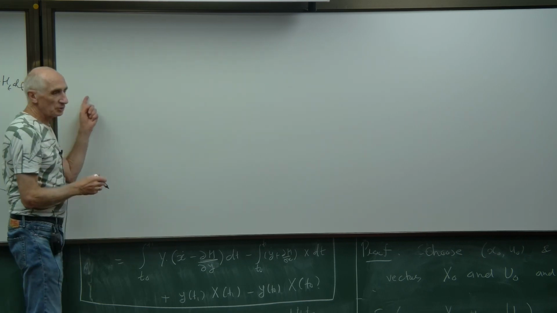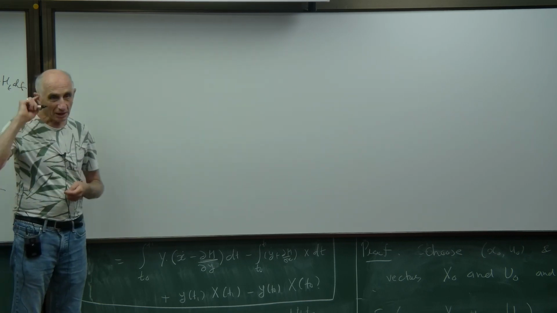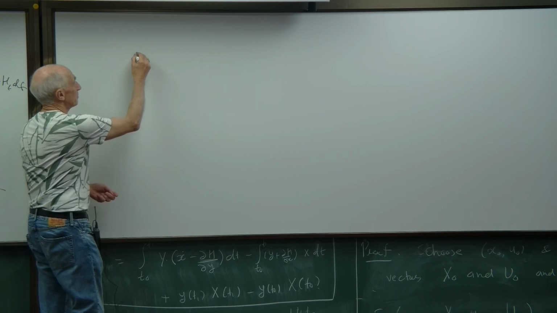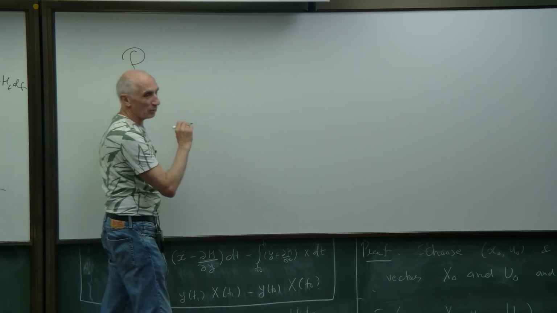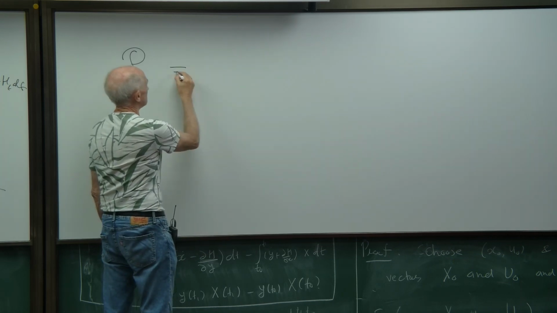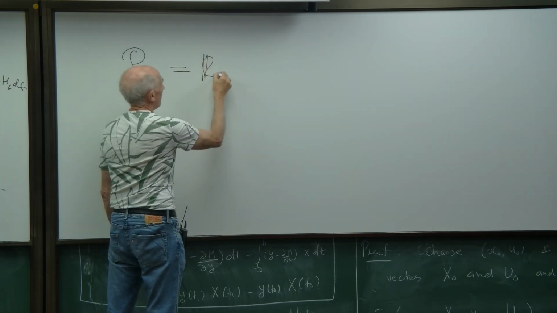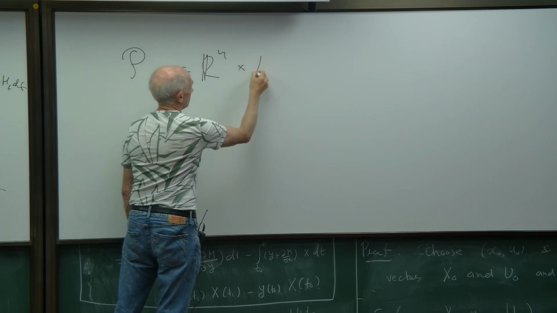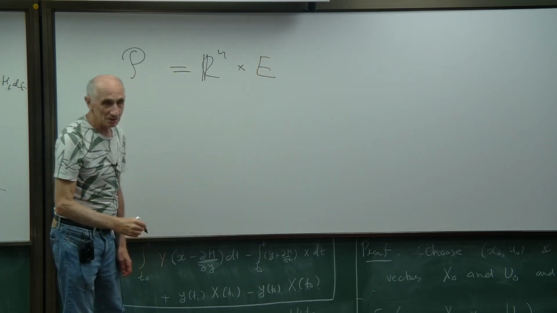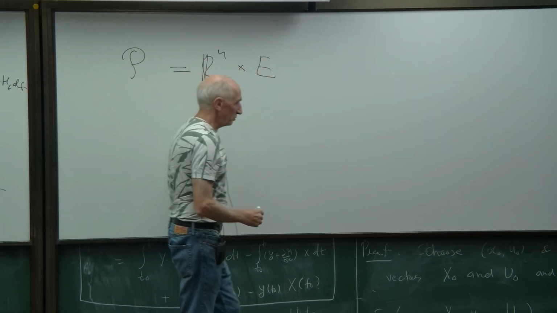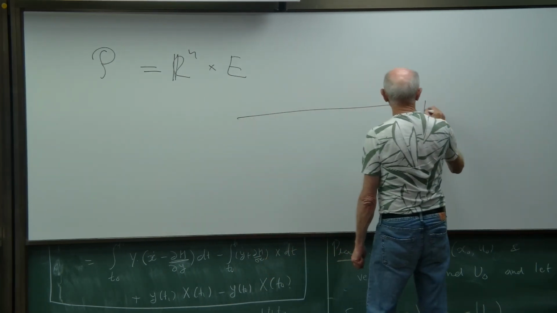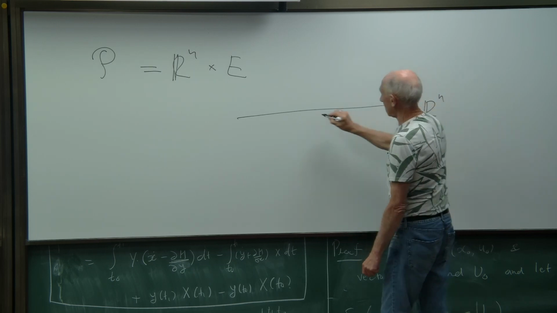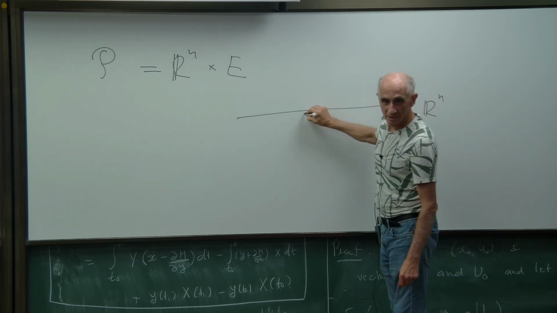Now I want to write this space P as a product. I want to write P as a product of Rn times what I call E. And E is the following thing. Again you have this Rn, and in Rn there is an origin.